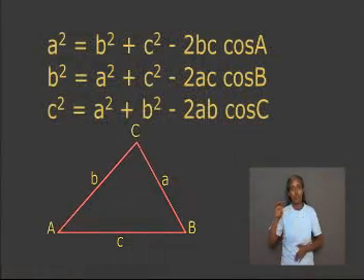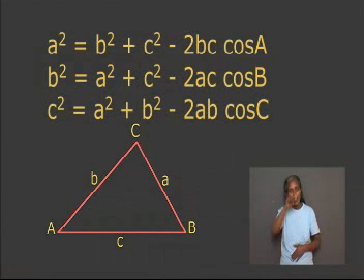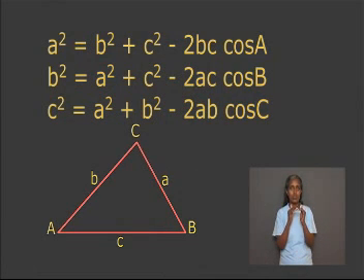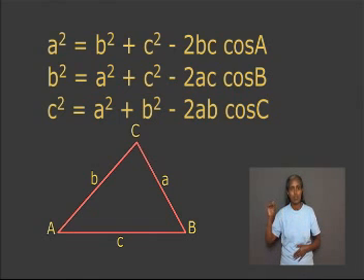The law of cosines says that in any triangle ABC, a squared is equal to b squared plus c squared minus 2 times b times c times the cosine of A. The same relationship is true for b and c. Let us look at an example together.